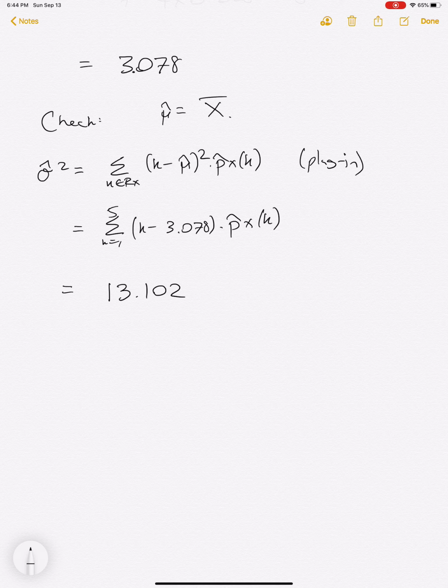Another thing you can check is that... you could certainly do the calculation in a different way and see if you get exactly the same thing, and that should certainly be true. Okay, so.